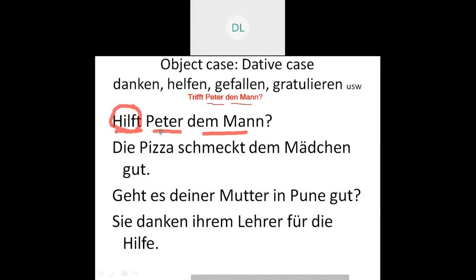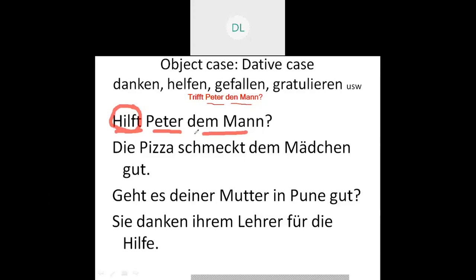Here also Peter is the subject, den Mann is your object. But in this sentence den Mann is your accusative, while in the earlier sentence dem Mann is your dative. Why accusative here and dative there? Because the verb treffen, to meet, is an accusative verb. Here helfen is your pure dative verb.